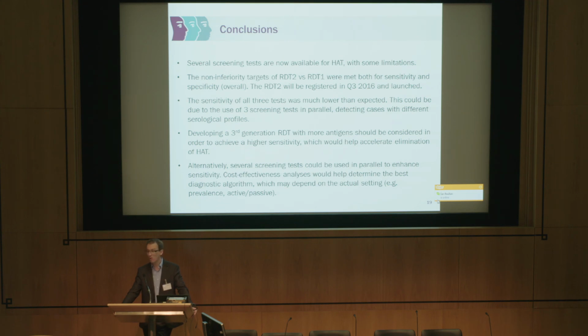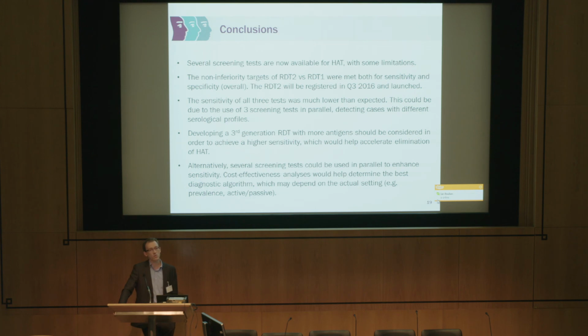And therefore, we believe that we should really consider the possibility of developing a third-generation RDT, which would be based on more antigens. Or, alternatively, we could also, at least in the short term, consider using several screening tests in parallel.